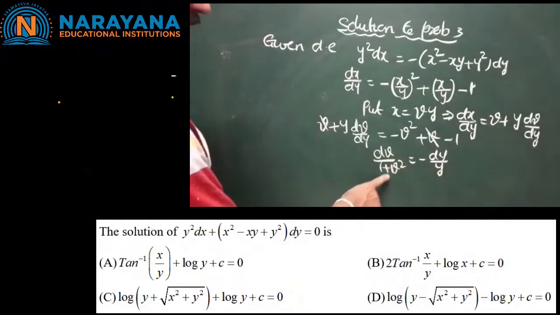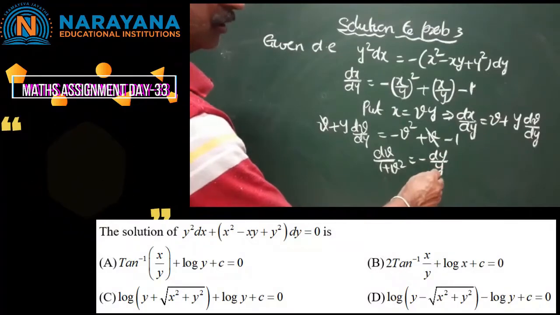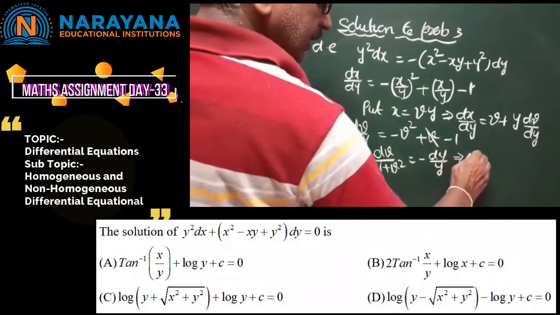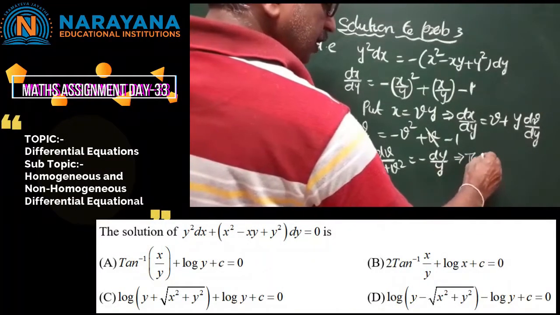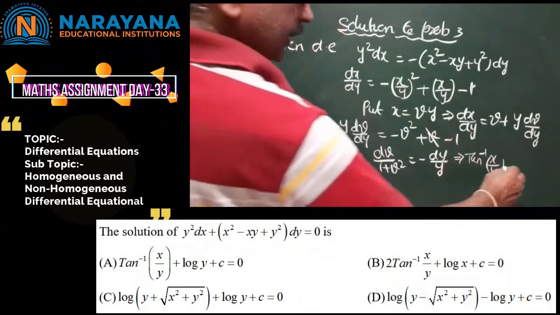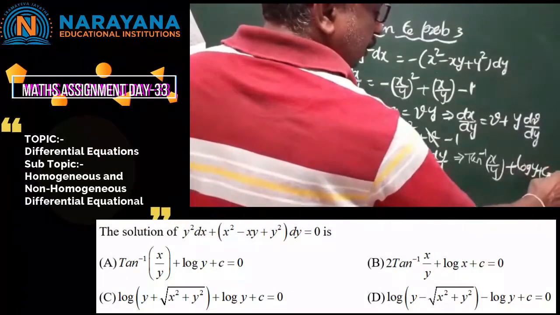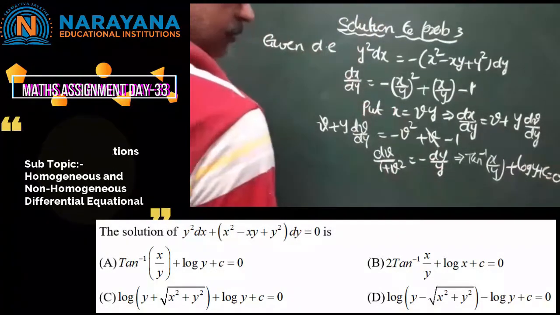By integrating, the left side will be equal to tan inverse v. By integrating, the right side will be equal to log y. So we get the solution in the form tan inverse of x by y minus log y plus c equal to 0, which is the solution for the problem.